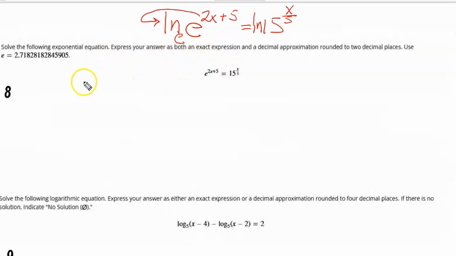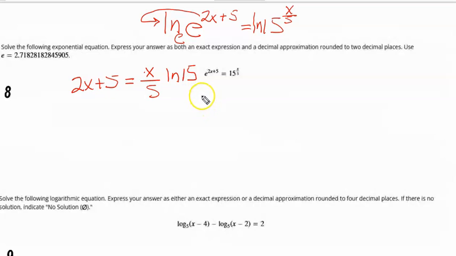So our exponent comes out front here, 2x plus 5. Now, this configuration is just 1, so that stays like so. But this one is going to be our exponent's going to go out in front here. So this is going to be x over 5, the natural log of 15.